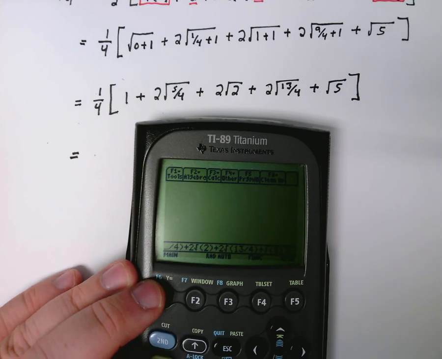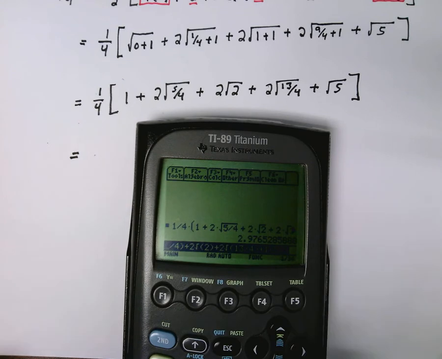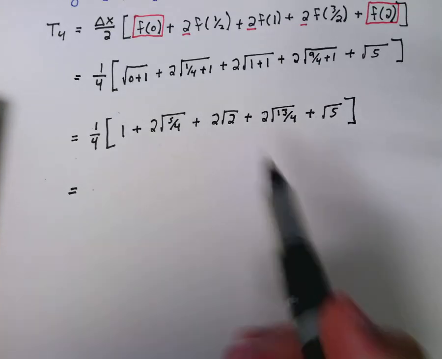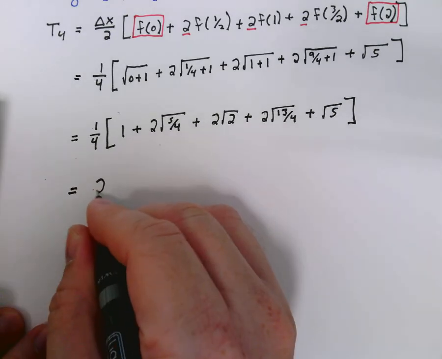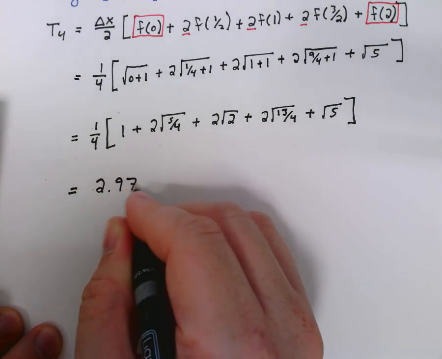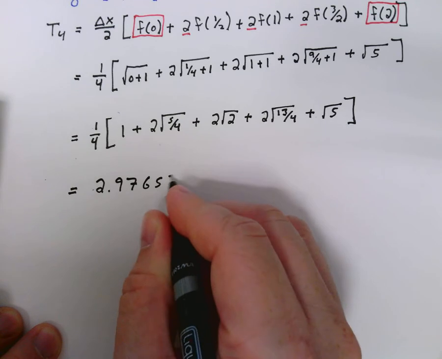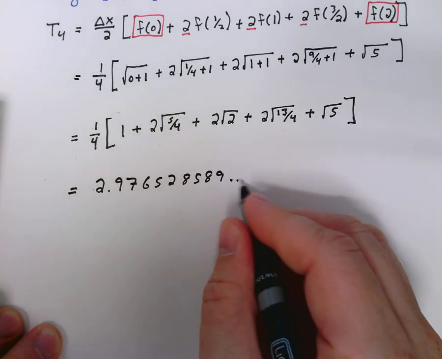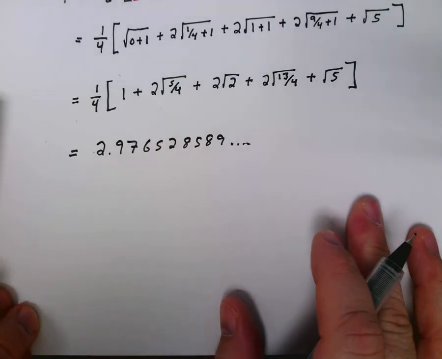I'm going to close my parentheses. Okay, so that's what pops out: 2.976528589... So this actually keeps going.